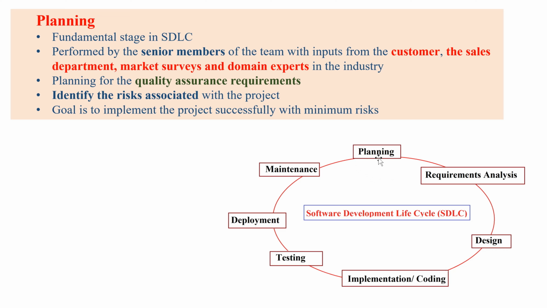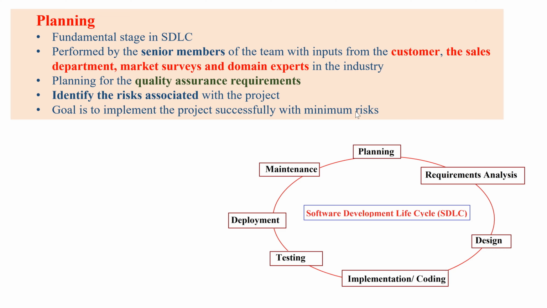By holding the planning meeting, they will provide the quality assurance requirement documents, and they try to identify the risks that are associated with the project. The goal of the planning stage is to implement the project successfully with minimum risk. So those are the primary things about the planning stage.